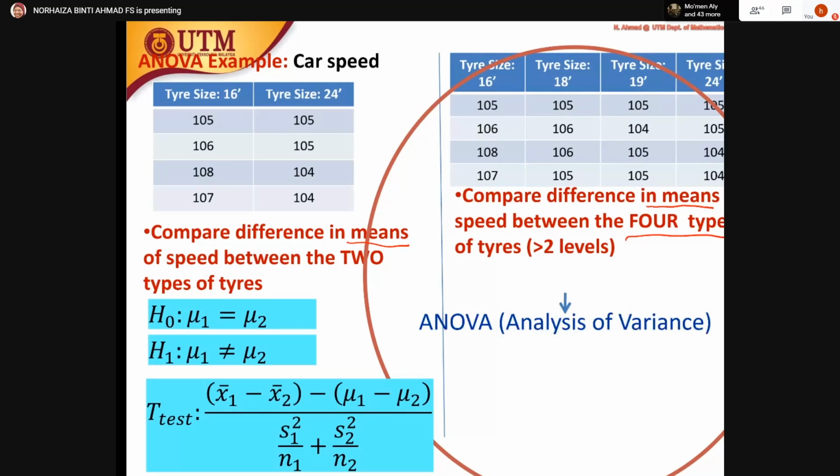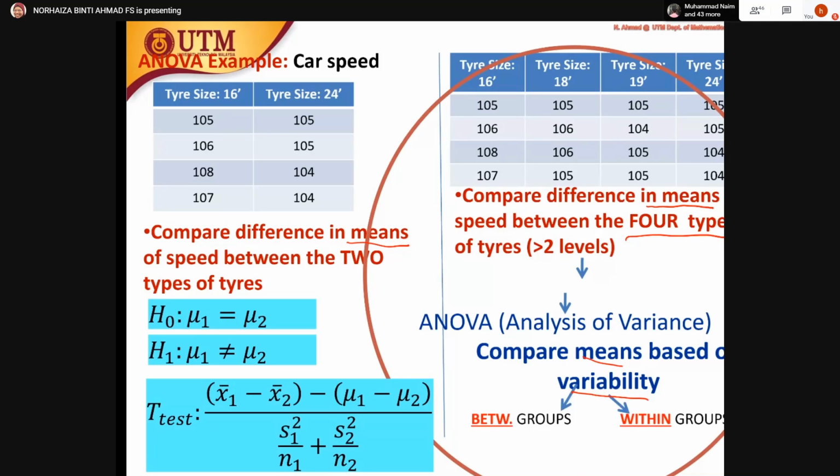The way that we do analysis of variance is you compare the means based on the variability. What variability? The variability between the groups, just like we saw from the box plot. We look at the effect of between groups and also within groups. Within groups, if it exists, is an error.